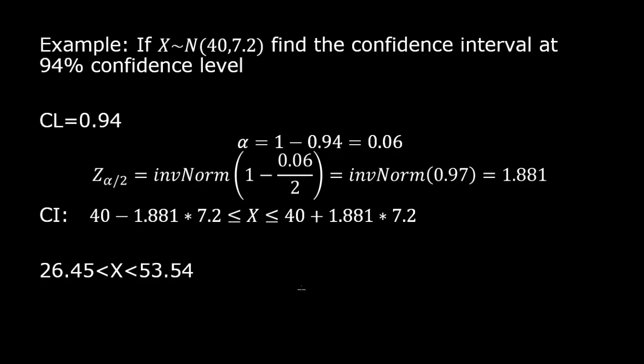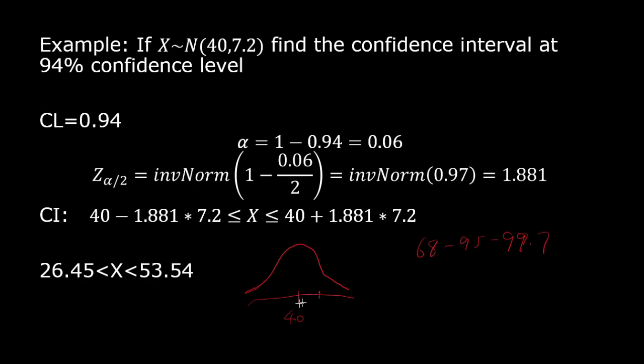Now I want to give you some more idea of why these numbers are reasonable. So see, x follows the bell curve where the mean value is 40, and 7.2 is the standard deviation, and we know the 68, 95, 99.7 rule, right?